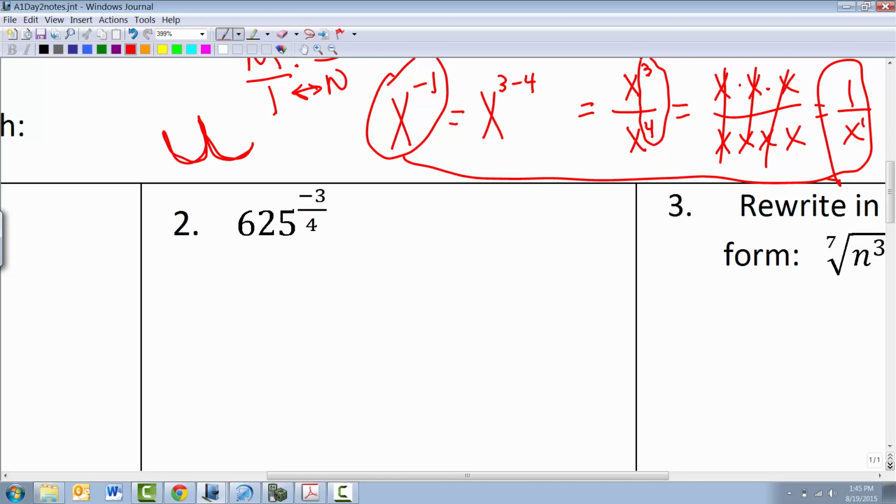So then a rule is created. Whenever you have a negative exponent, you take this whole chunk and put the whole chunk down on the bottom and just turn the exponent what? Positive. That's it.